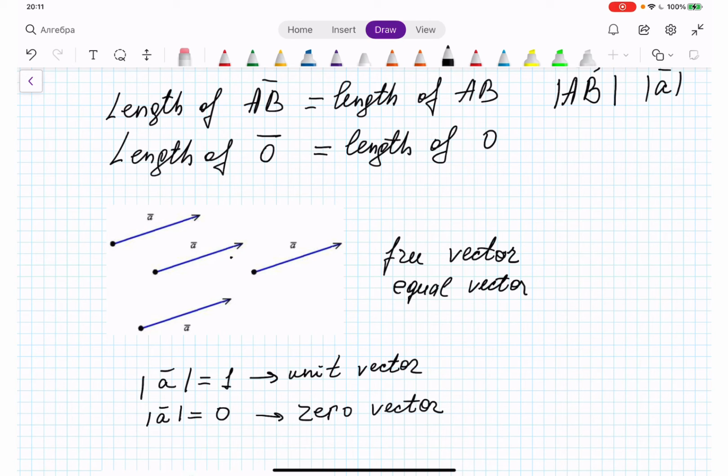Now let's talk about collinear vectors. Collinearity of vectors means these vectors lie on the same line or on parallel lines, which in algebra or geometry we call lines being parallel. In the world of vectors, we are going to use the word collinear, okay, collinearity.